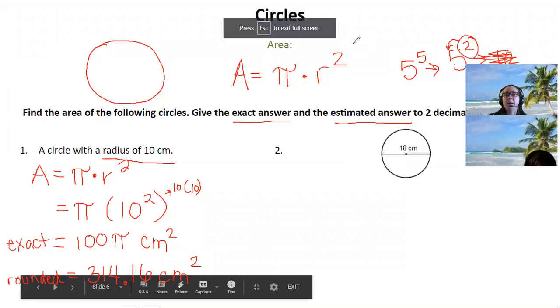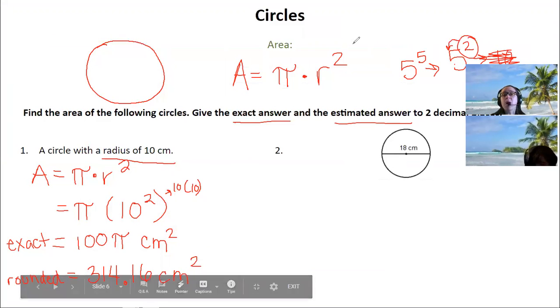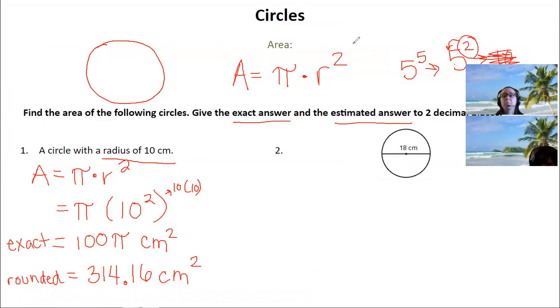Okay, let's look at number 2. Uh-oh. Problem. What's the problem there? Do we have a radius? Because we're going to write our formula down, pi r squared. Do we have a radius there? Can I just put 18 in my problem? Better tell me. I'm going to do it. I'm going to write it. It's going to be wrong.